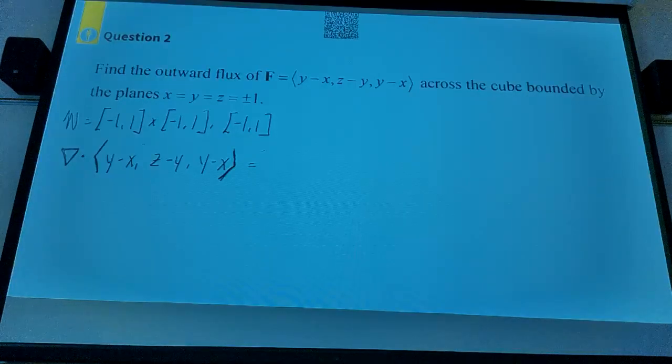What's that divergence? It's not just -1. I agree that's the partial of the first term.